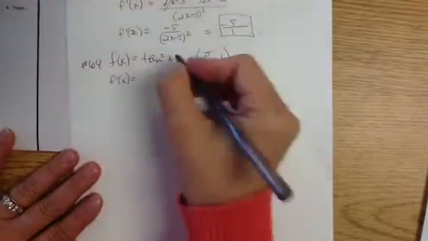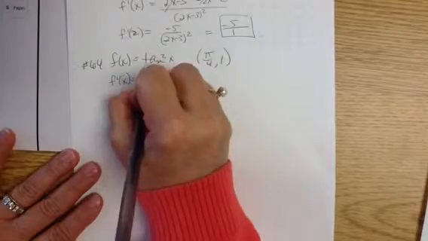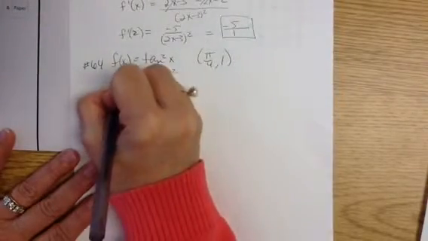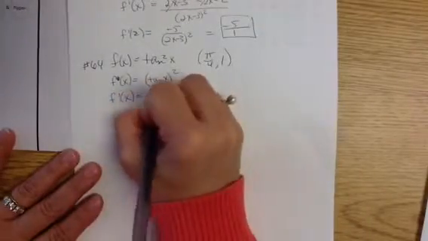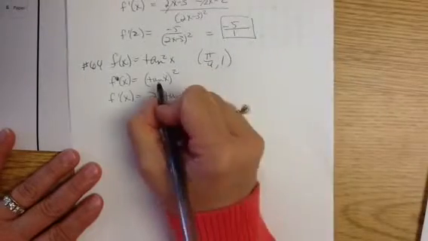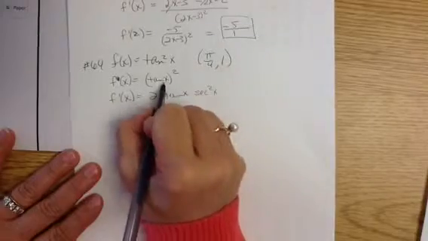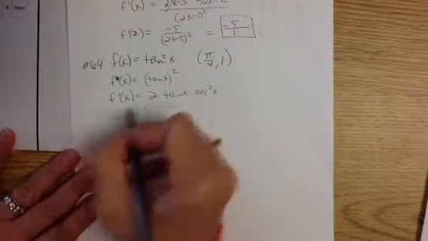And the derivative of tangent squared, you have to be careful. This is tangent x, and we're squaring it. So what I want to do is then take the derivative, and it's going to be 2 tan x minus 1 times the derivative of what's inside, which is secant squared x, times the derivative of x, which is 1. So this is what I've got for my derivative.